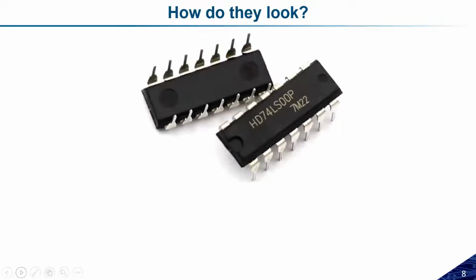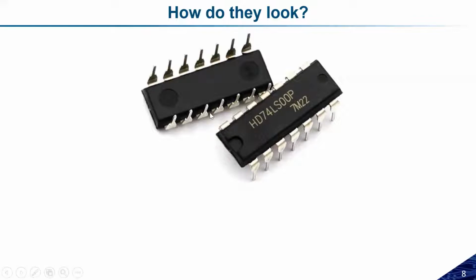Suppose this is the view of the integrated circuit of any IC for a particular logic function. If you look closely, we have different pins, and all the pins are in dual inline packaging. Dual inline packaging means the pins are in lines, and there are two lines.